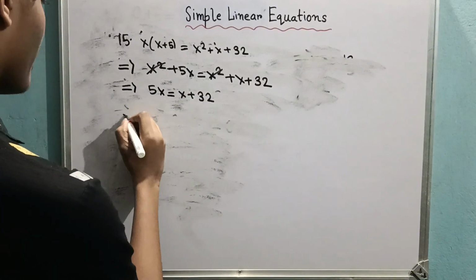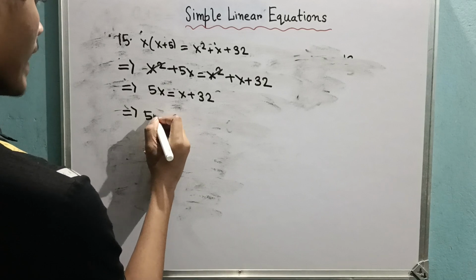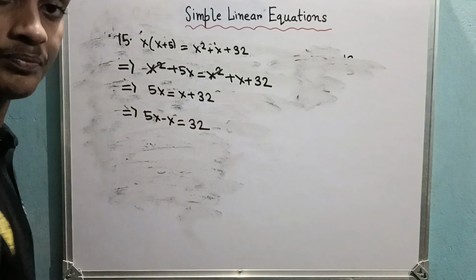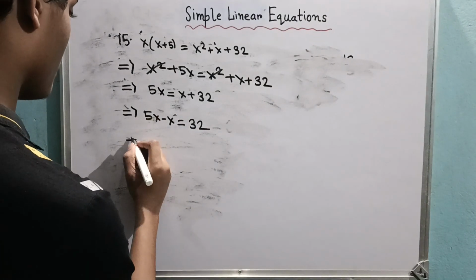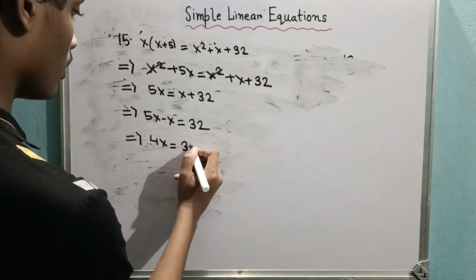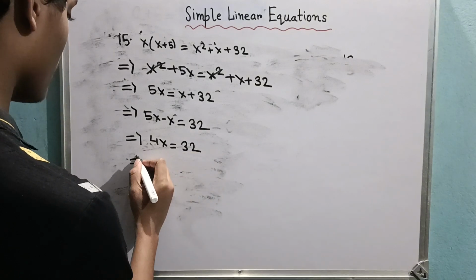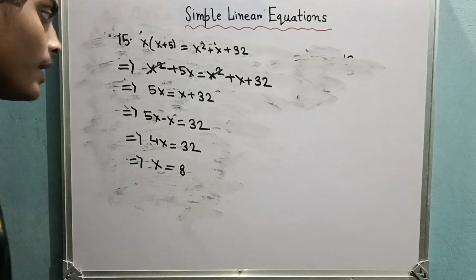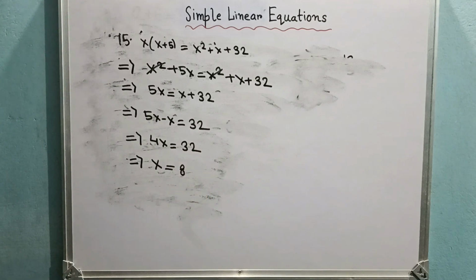So let 32 be on that side. So 5x minus x will be equal to 32. Alright. So 4x will be equal to 32. And from here simply you can write x will be equal to 8. 32 by 4, that is 8. So this is the answer of the question.